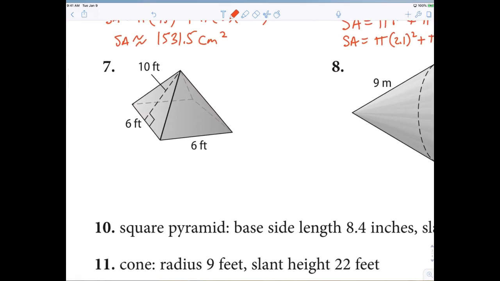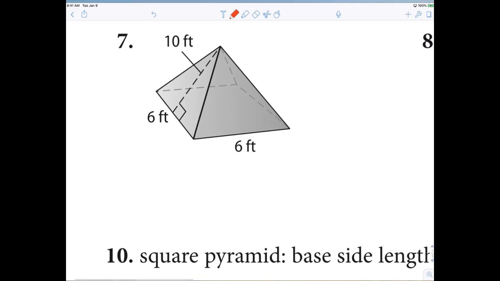Now, I want someone to write the equation for number 7. Jack, I want you to try to write the equation for number 7. Good job. Which is what?